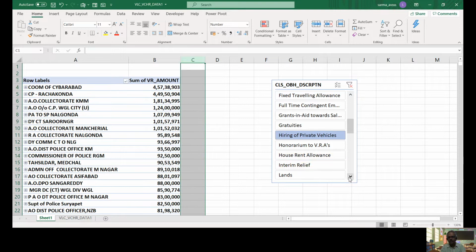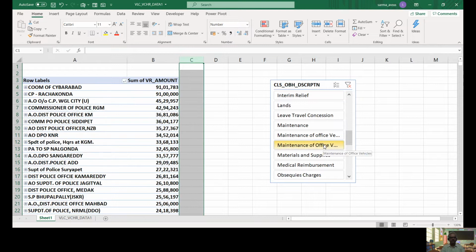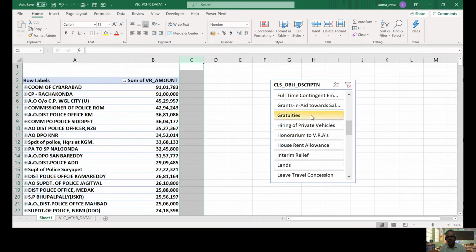Another thing is the maintenance of office vehicles, right? So this is another concept, maintenance of office vehicles. Again, the Commissioner of Cyberabad has spent, say, 91 lakhs. So here maybe we can keep both these, hiring of vehicles and maintenance of vehicles.